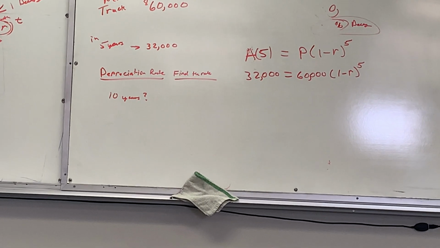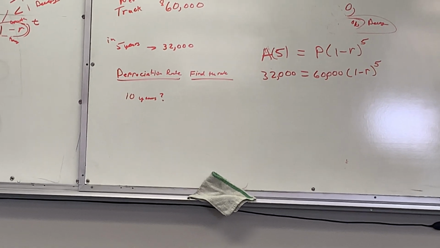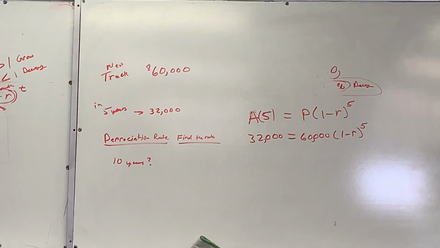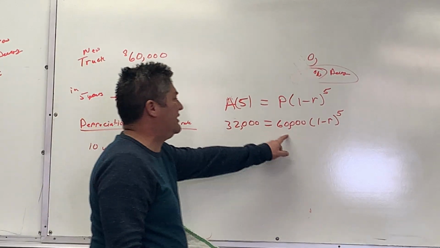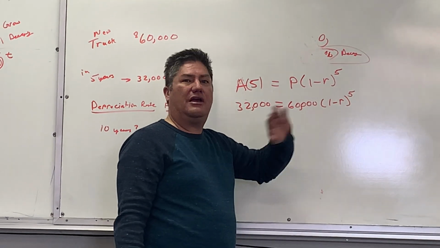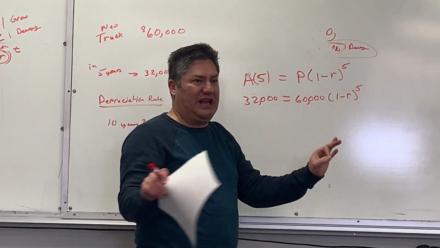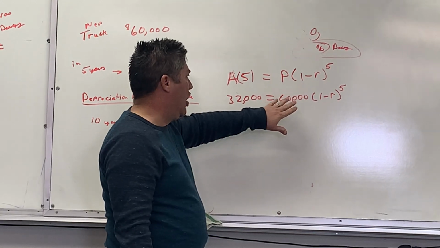Because I'm finding rate. It's easier when I just plug in the rate, right? But here I have to find the rate. So watch how I do this. A lot of kids, I'll show you the mistake that's going to be made on the test. You guys will make this mistake. A lot of kids want to take this 60,000 and try and distribute it. Big mistake. Huge. Biggest mistake ever made. Don't do it. Wrong.